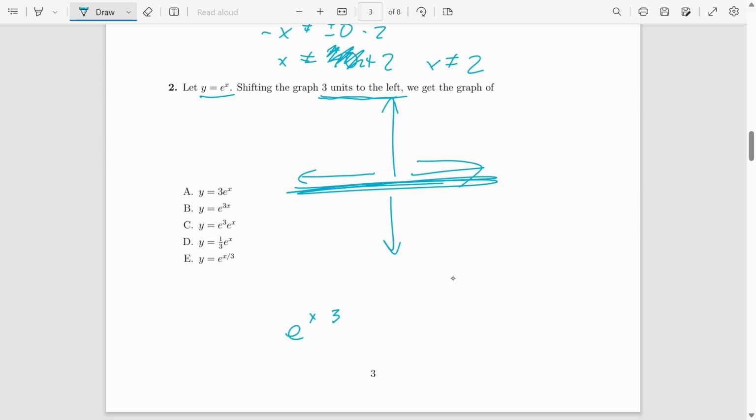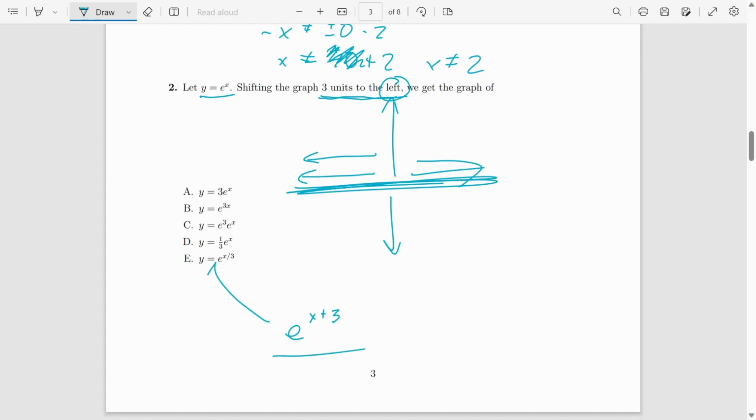So we have our 3, and then whenever you are operating on the x, you sort of flip the sign to what you think it would be. So since we are going left, you'd think, going left, that's negative, but we actually would end up making this positive since we are operating horizontally. And this is the correct answer.